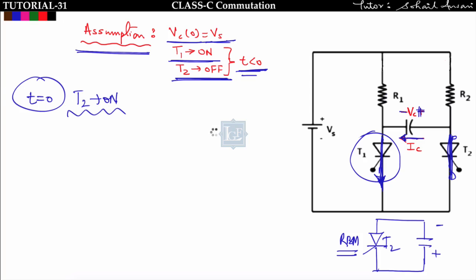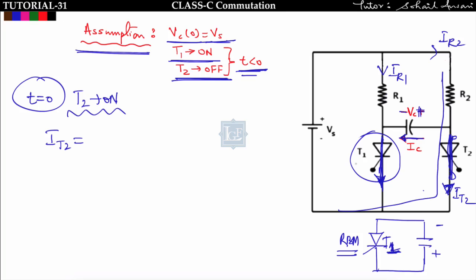At that time, what is the current flowing in this thyristor T2? The current flowing in thyristor T2 will be IT2, and I can write IT2 as IR1 plus IR2, because thyristor T1 will be off when T2 is triggered. So this is open circuited. IR1 will flow opposite to the capacitor current, and IR2 will flow like this.